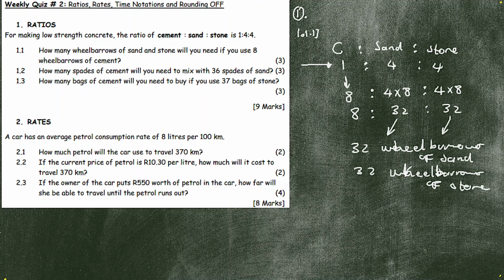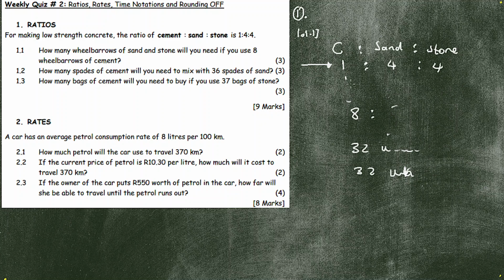This is one way of doing it. Here's the second method, the ratio method, the one we are used to. I'm going to start with finding the amount of sand. Since I'm given cement, I'm only going to take these 2 parts of the ratio and work with them. I cannot work with all 3 at once; I have to take 2 at a time.